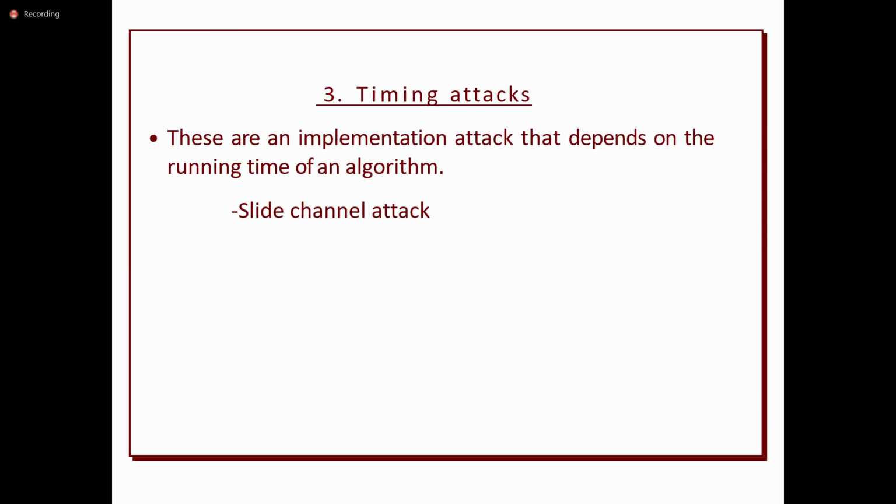Coming to the timing attacks, the third type. As I said, the timing attacks are specific to the square and multiply algorithm, which is used at decryption time. The attacker will analyze the time required to perform the square as well as the product operations.